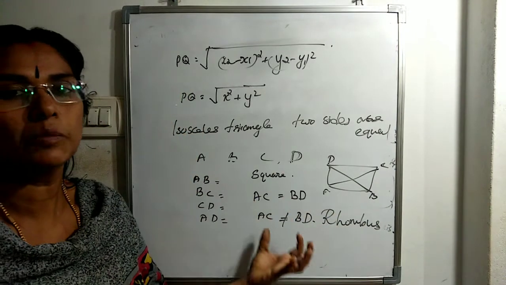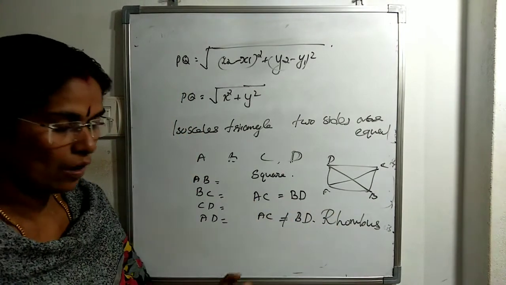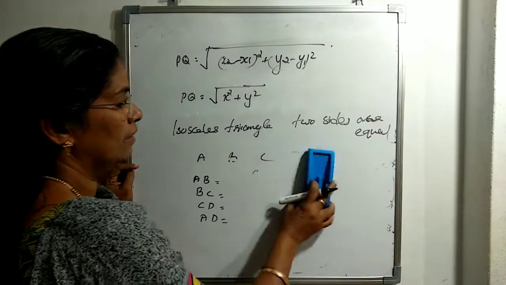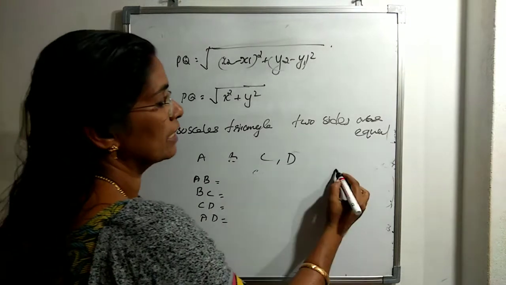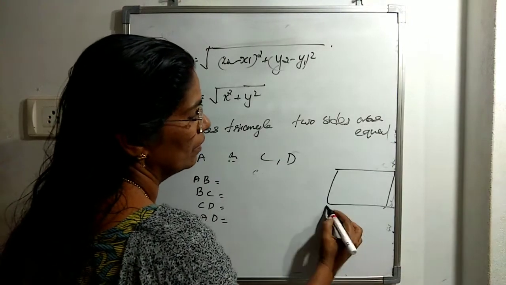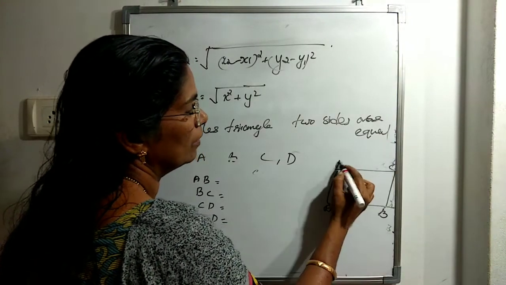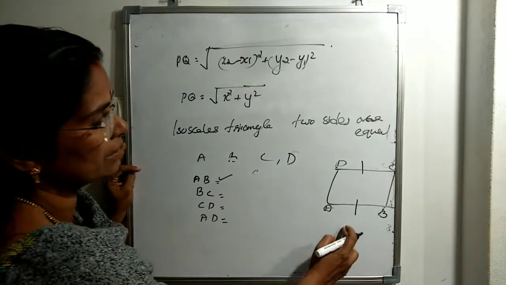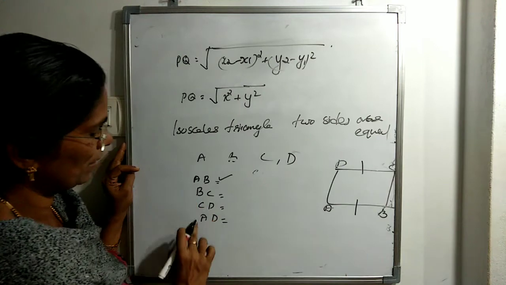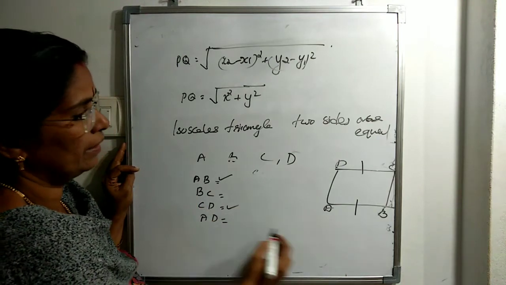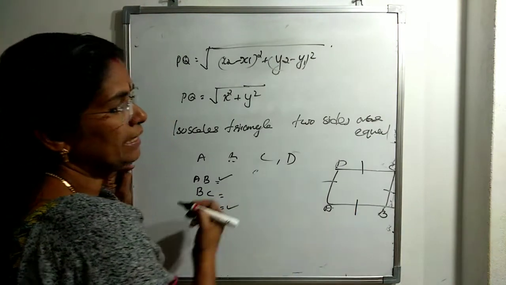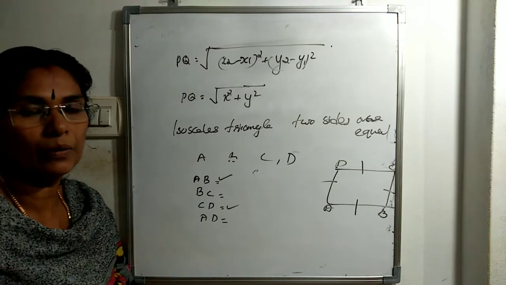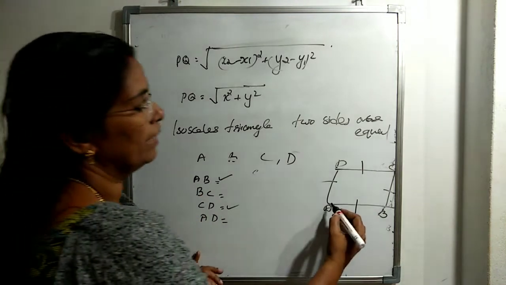Okay, all these points are very important. Now, 4 points are given. We have to show it is a rectangle or a parallelogram. Rectangle or parallelogram means opposite sides are equal. AB and CD are equal. Next, BC and AD are equal. Sometimes it is a rectangle, sometimes a parallelogram. It depends upon the diagonals.